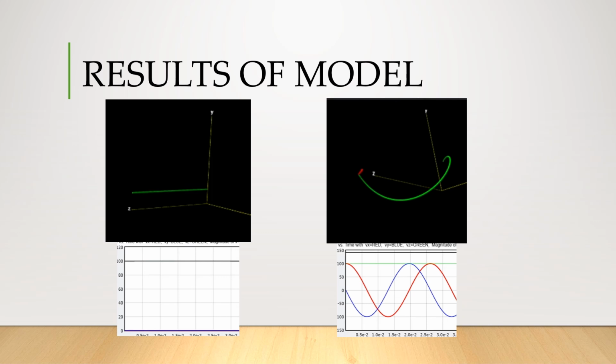These two scenarios also have the same magnetic field in the positive z direction. On the left, we have the particle having an initial velocity in the z direction, so it's just going to keep going straight in a straight line in the positive z.